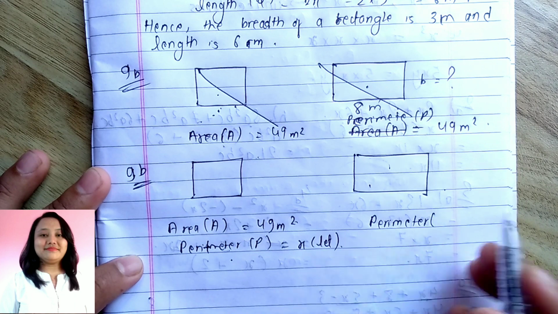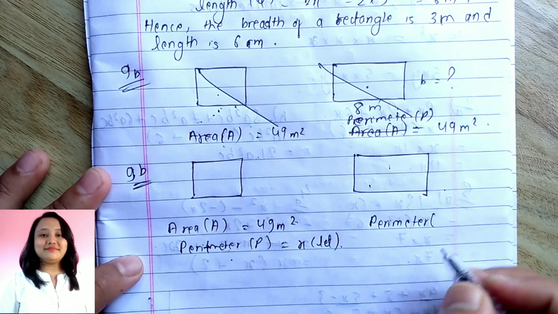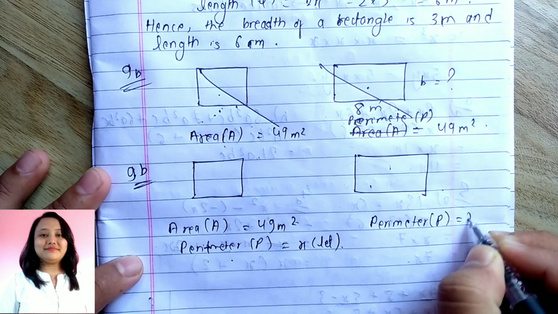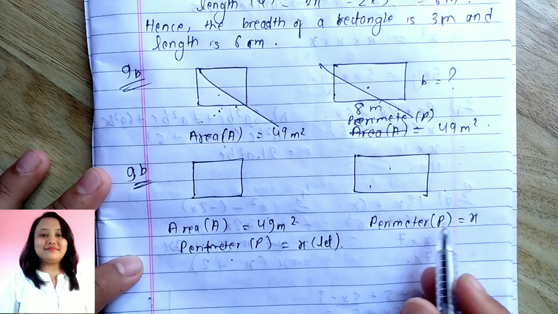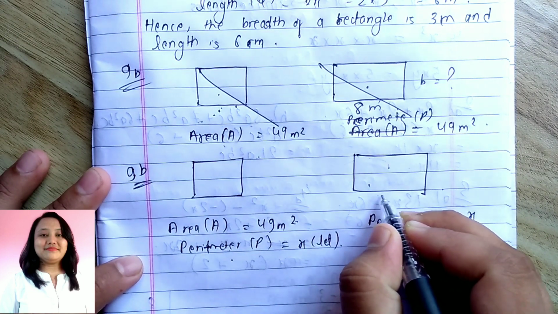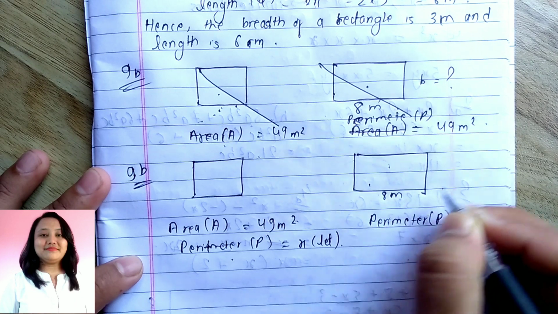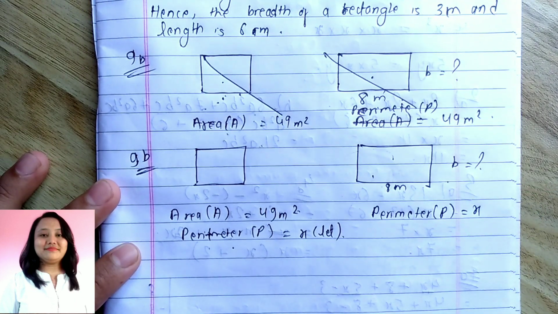That means the perimeter of the square and the perimeter of the rectangle are the same. So here also it would be x only. Again, what the question has asked: in this rectangle the length is 8 meter given. Breadth we need to find out.